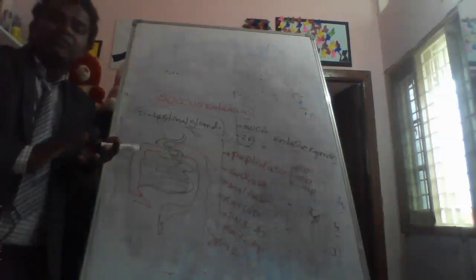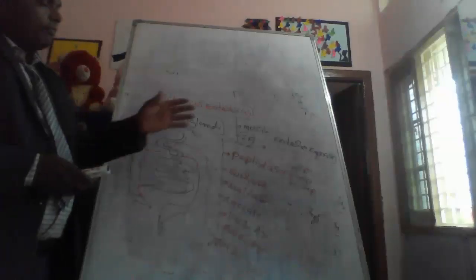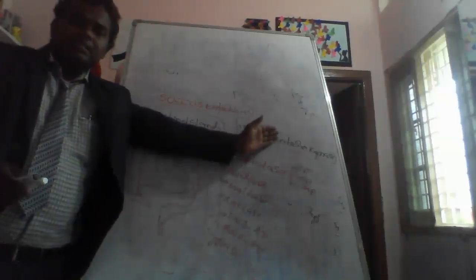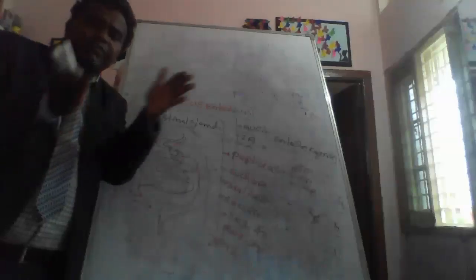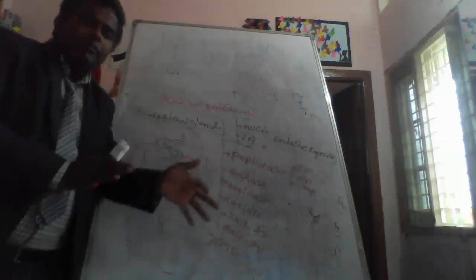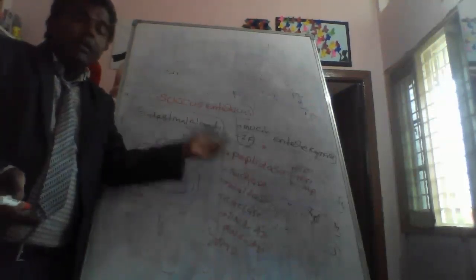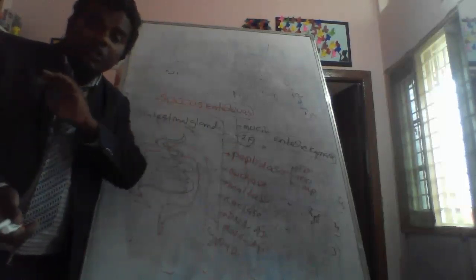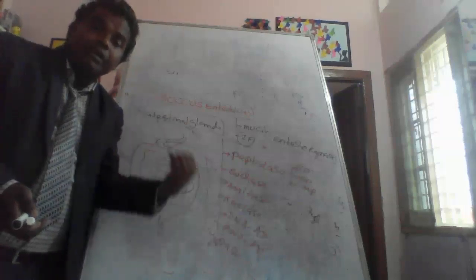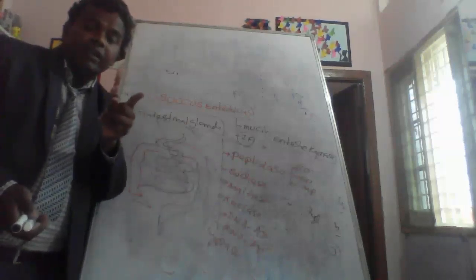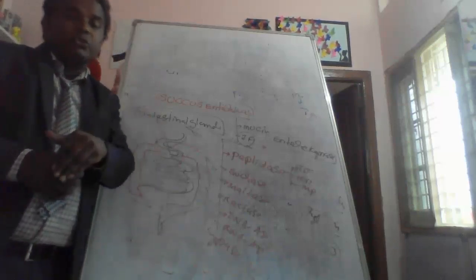Very good, excellent answer, Arsha. Enterokinase converts the inactive enzymes trypsinogen and chymotrypsinogen into their active forms. Of course, enterokinase is not secreted from the pancreas; it is secreted from the intestine, but it functions on the pancreatic juice.